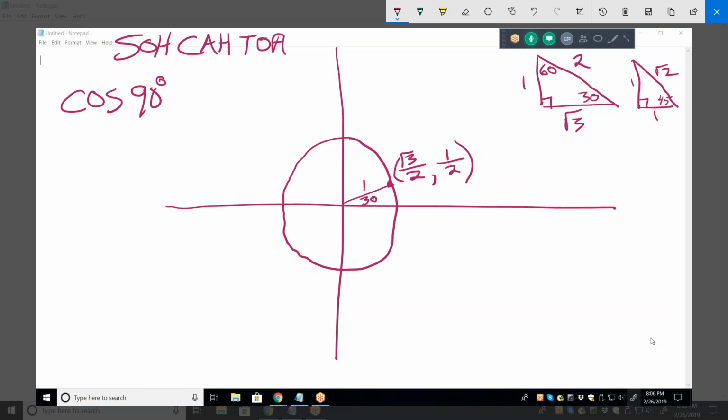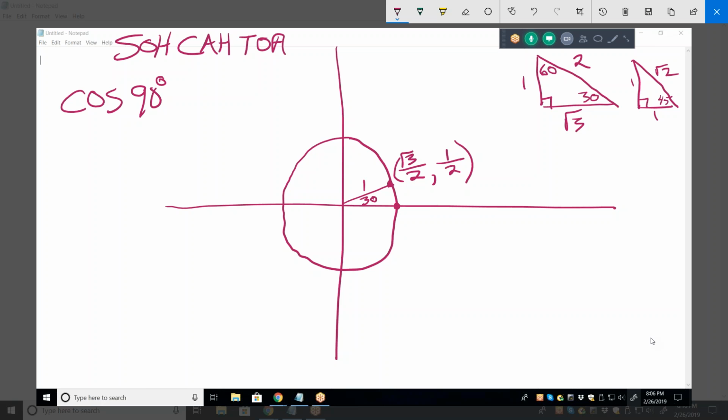Notice you cannot figure out the quadrangles from these two triangles. You can certainly figure out all 6 trig functions for 30, 60, and 45 degrees, but it's hard to figure out the quadrangles. Well, I'm going to give you a method for doing it.